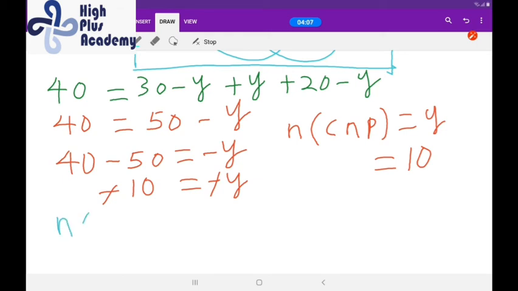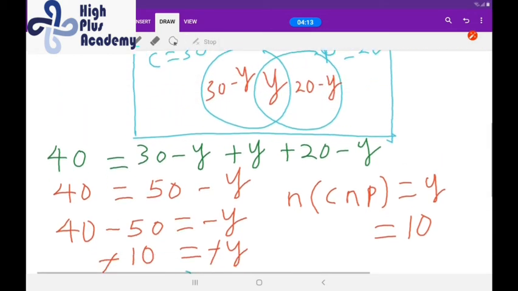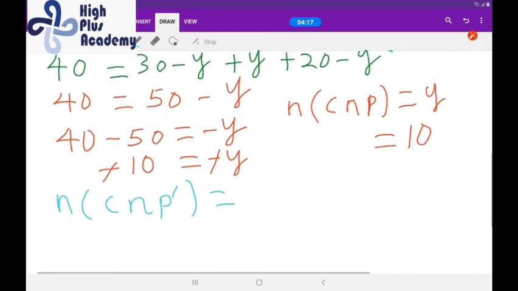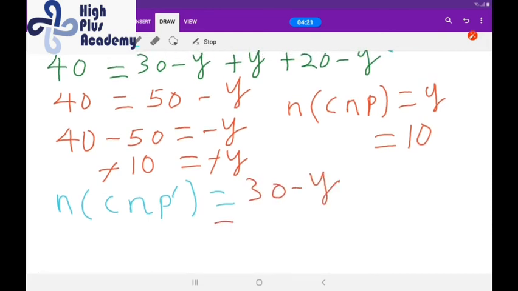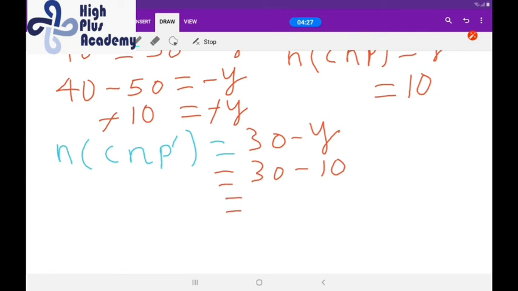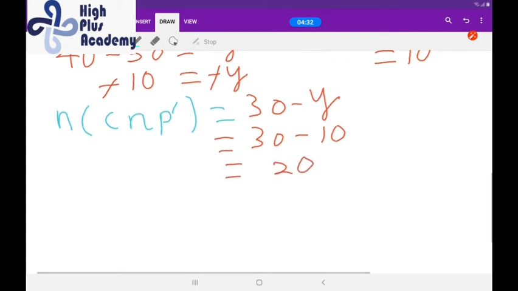So the number of chemistry intersection physics complement will be 30 minus y. And that is 30 minus 10, and that will be 20. But that is not the answer yet. If you stop here, you are going to lose the remaining mark.